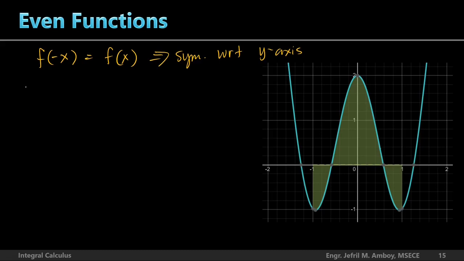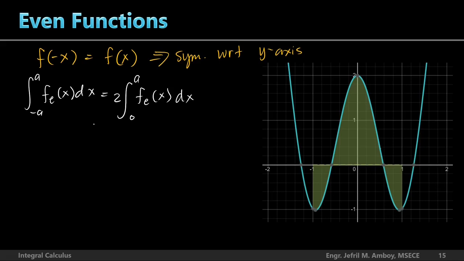Okay, so ano ang rule? Ang rule is, if you are integrating an even function f(x) dx, na ang limits ay parehas pero yung isa positive, yung isa negative, i-integrate mo na lang yung function from 0 to a at i-multiply mo ng 2 para hindi ka mahirapan. Bakit?